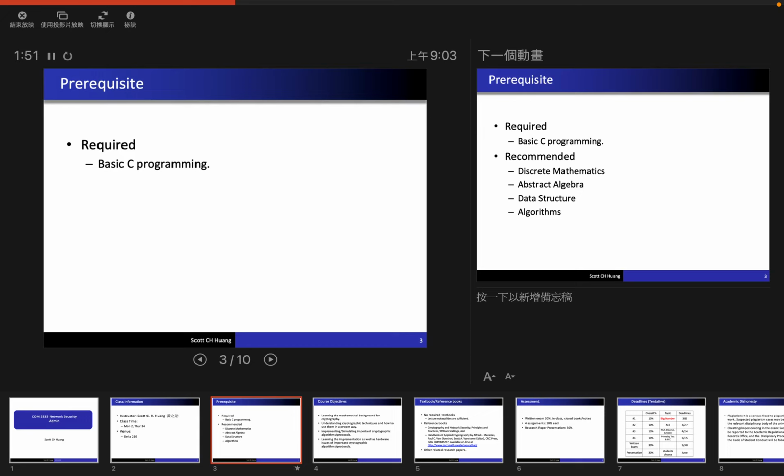That's the only thing. Actually, we don't limit the programming languages to C or C++. It's not restricted. Generally speaking, except for the first programming assignment, you can use any programming language you want. Some students prefer Python, but for the first one you cannot use Python.